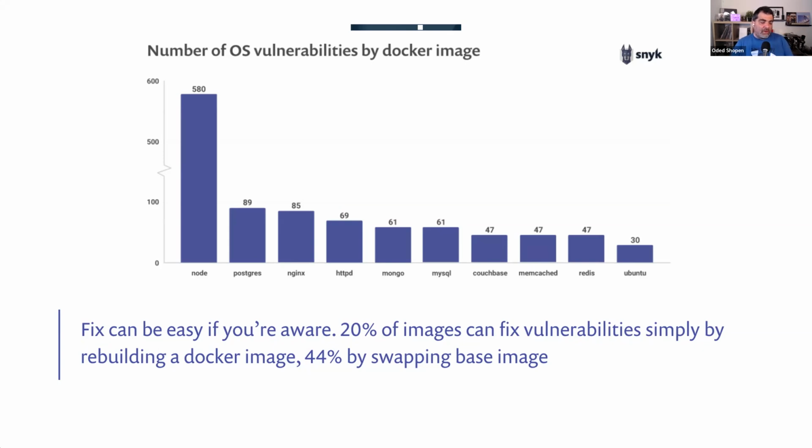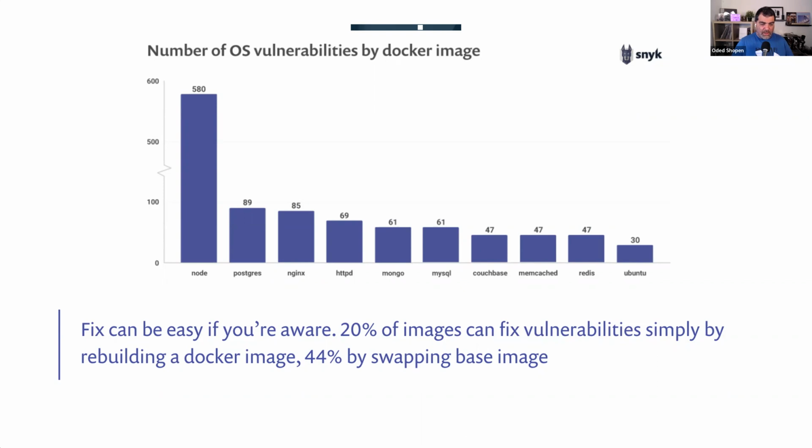And the interesting part about this report, this one is from Snyk, is that if you would just rebuild the image without changing even the Dockerfile, in 20% of the cases, the vulnerability would basically be fixed automatically because you might pull the latest version from the internet. And if you're able to just replace the base image, like we did with the rebasing technology, that would result in 44% of the images being patched automatically without having to do anything.